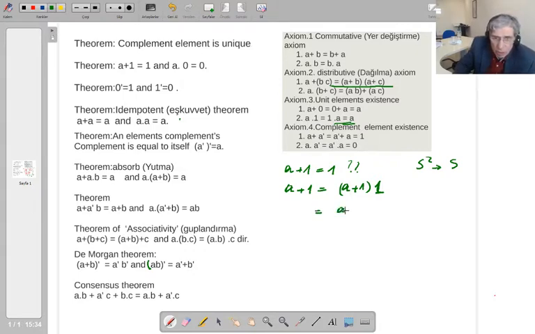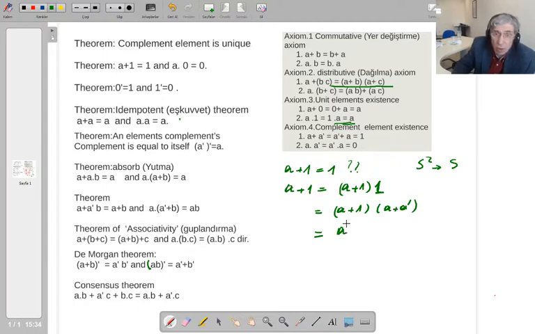Okay, a plus 1. Instead of 1, I can write a plus a prime, because a prime gives you 1. Okay, so if you look at this and compare this one, there are two parentheses. In the parentheses, there are common terms. These are a.